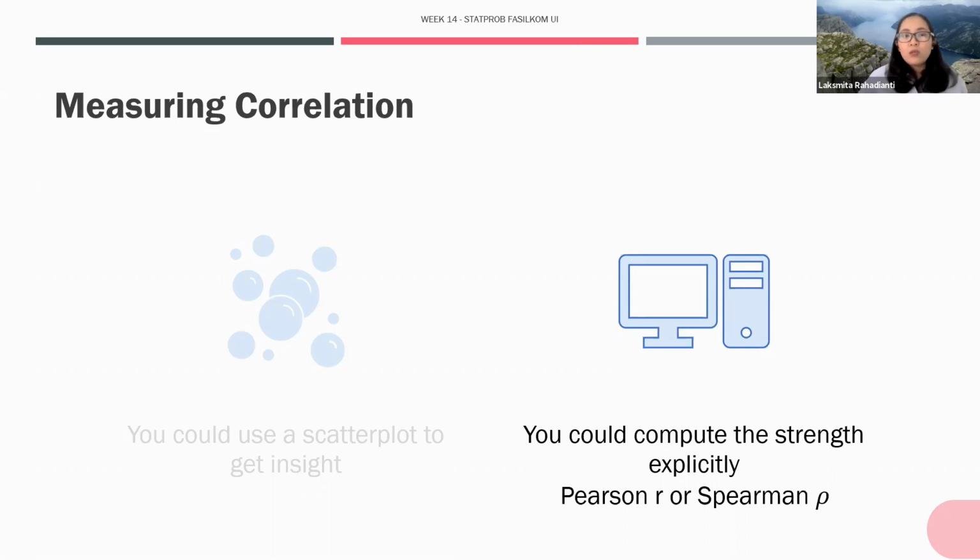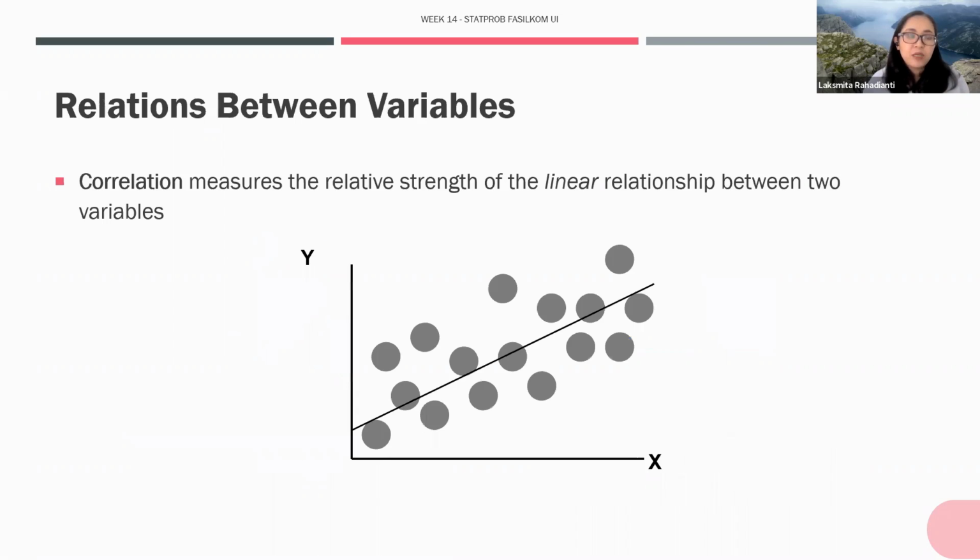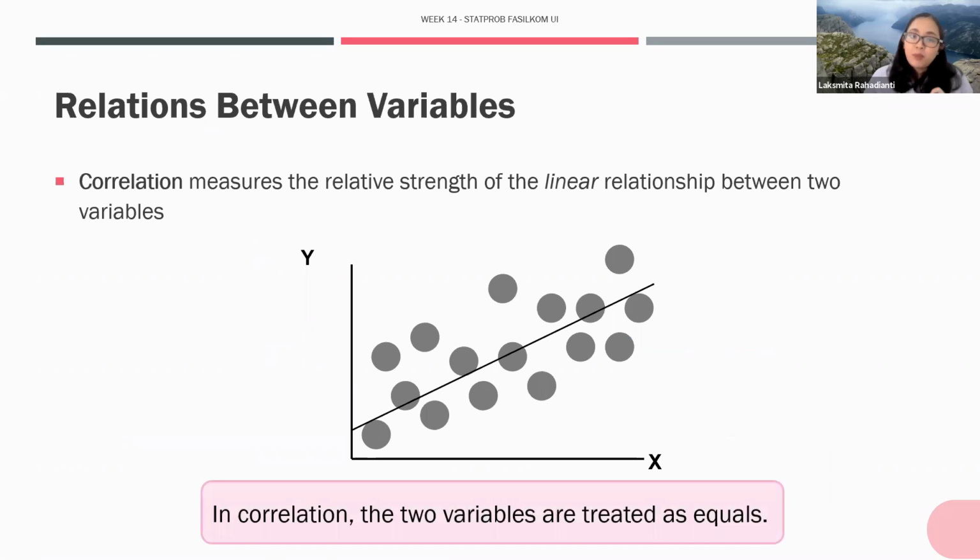So now that we know how we can measure the relationship, this particular scatter plot here shows a relationship between X and Y. When I'm talking about a correlation between X and Y, I treat both these variables as equals. Saying X is correlated to Y carries the same weight as saying Y is correlated to X. But I think I've already mentioned to you once before that please don't confuse correlation with causation, because that's a whole other thing.